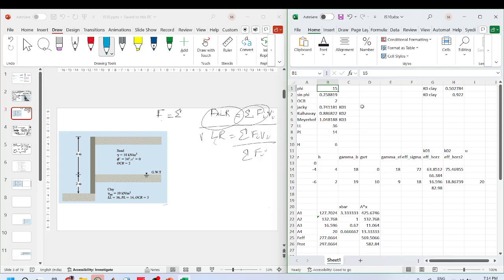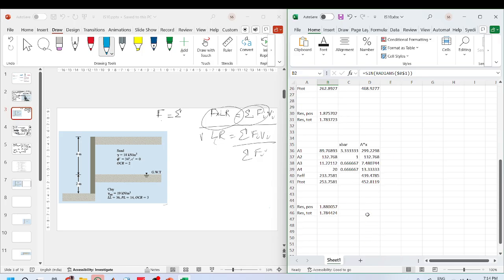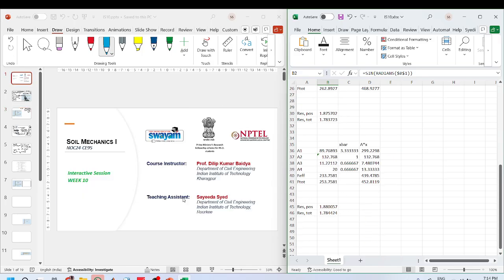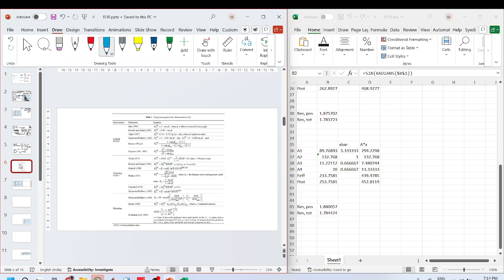In our case, sine phi was already nearing 0.5. That is why we got such close results. Okay, we can start with the next question.